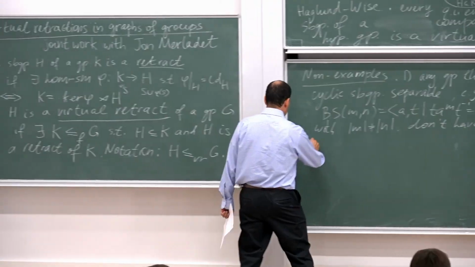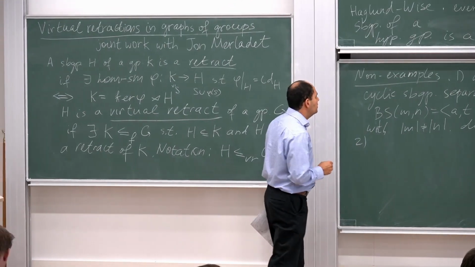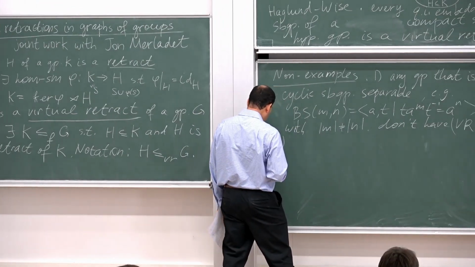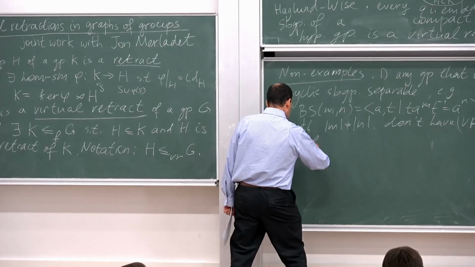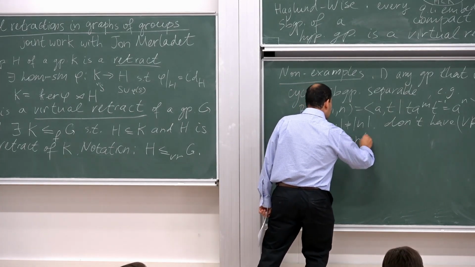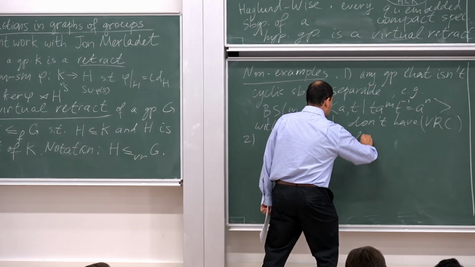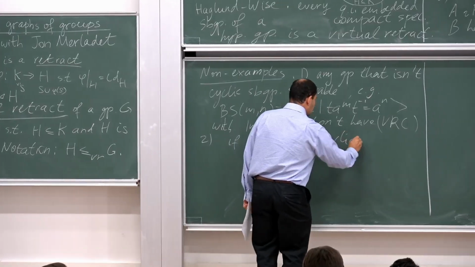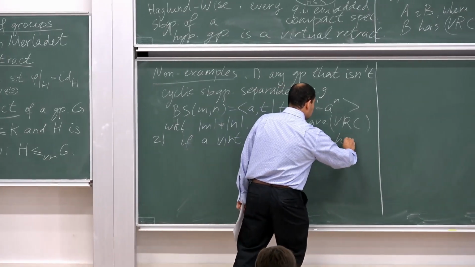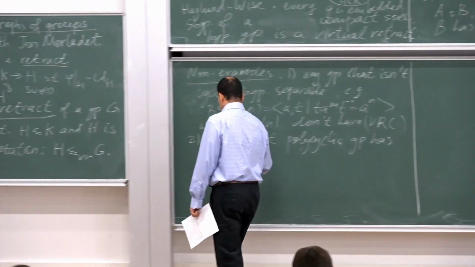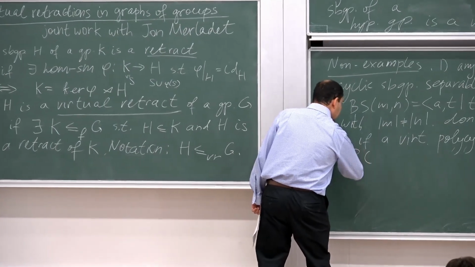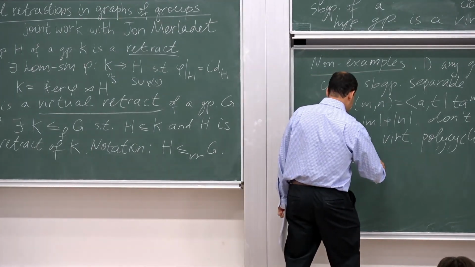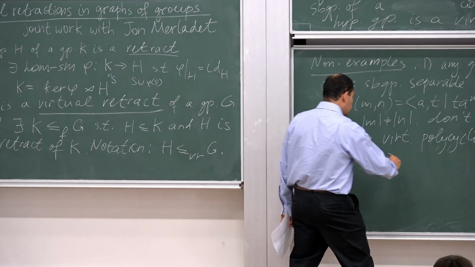Another set of non-examples: if a virtually polycyclic group is VRC, then it's virtually abelian.